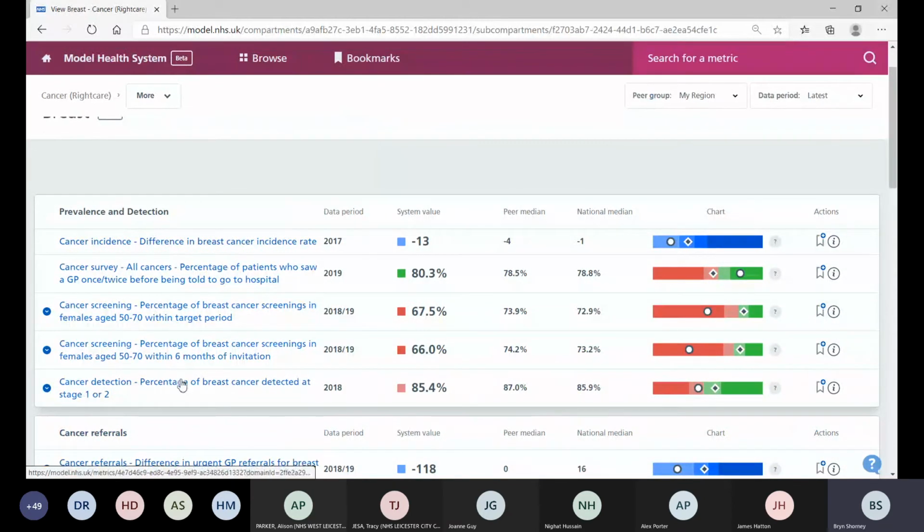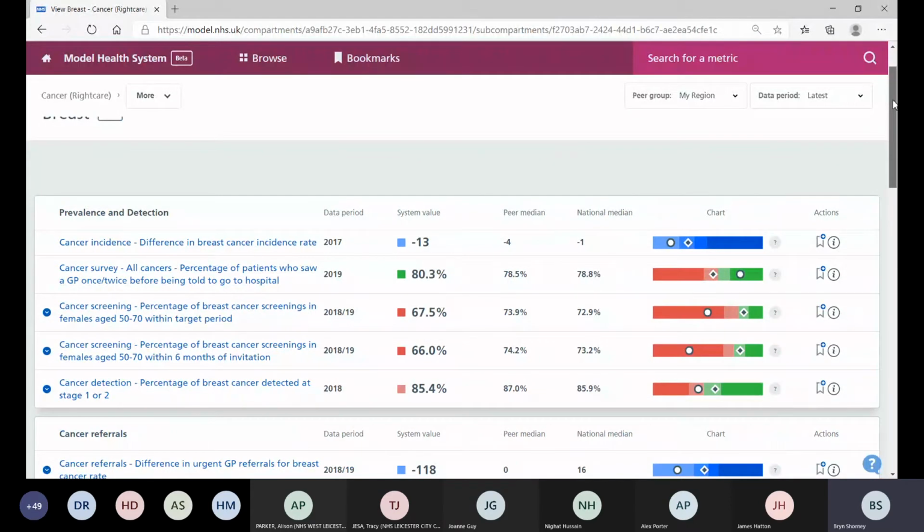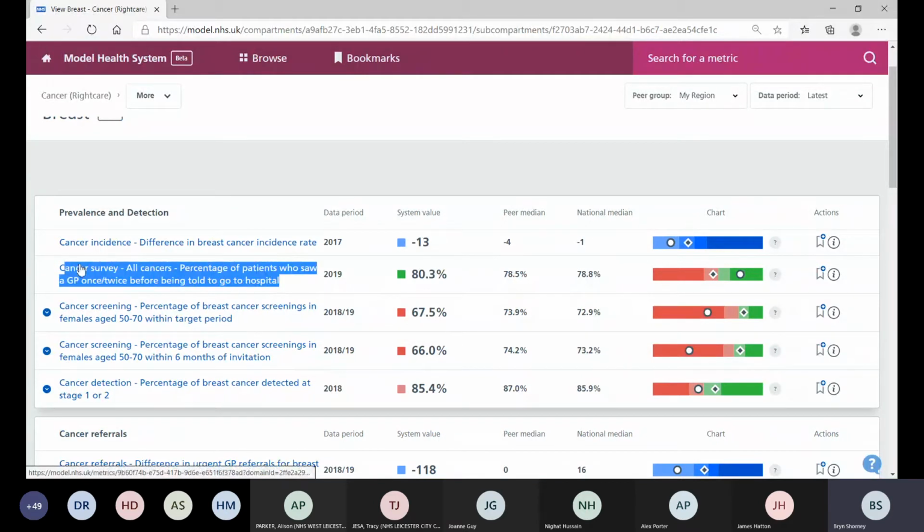We've got the cancer screening data, the stage of detection, and more indicators from the cancer incidence as well. But then we also bring through some of the overall cancer survey data. So the percentage of patients who saw a GP either once or twice before being told to go to hospital, that indicator isn't specific to breast cancer, but we've pulled that through as we think it's a useful indicator.